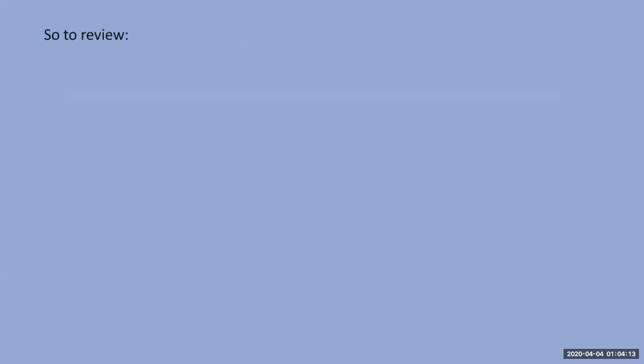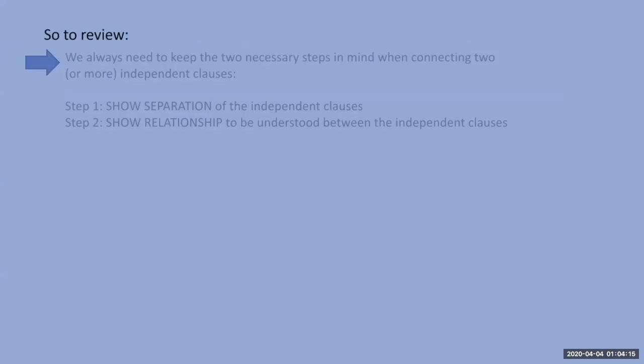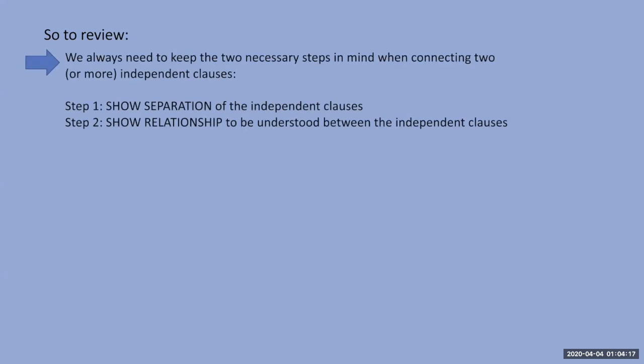So to review, we always need to keep 2 necessary steps in mind when connecting 2 or more independent clauses. 1, show relationship of the independent clauses. 2, show relationship to be understood between the independent clauses.